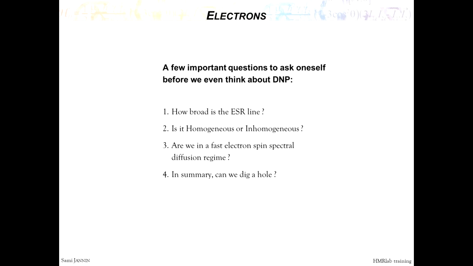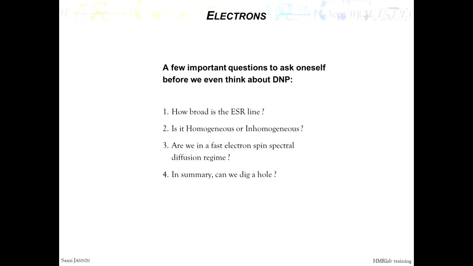But let's say you are at 100 Kelvin and you don't spin, you have a spectral diffusion time on the order of 17 microseconds for 30 millimolar, and you have an electron T1 that is 100 microseconds. So yeah, we are really at the border, at the limit.